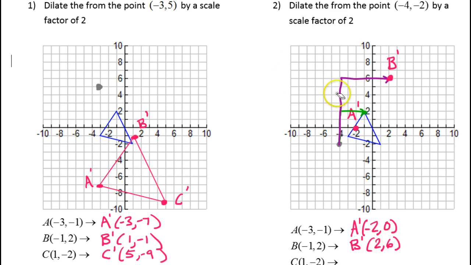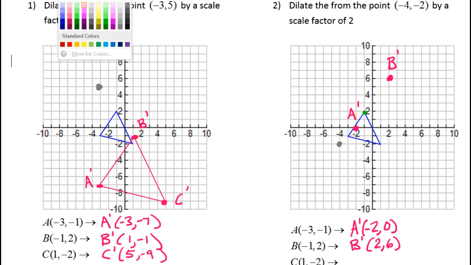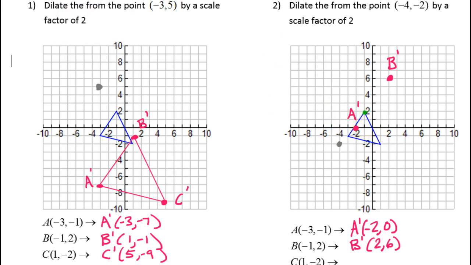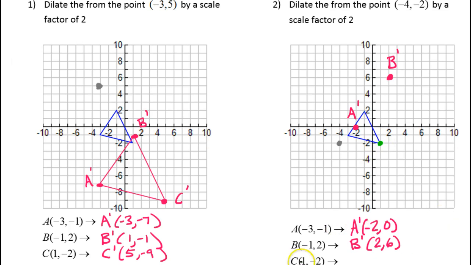Alright, 1 point left to go. Let's erase our old guidelines and go after point C. Okay, here's the point C, right here at 1 comma negative 2.